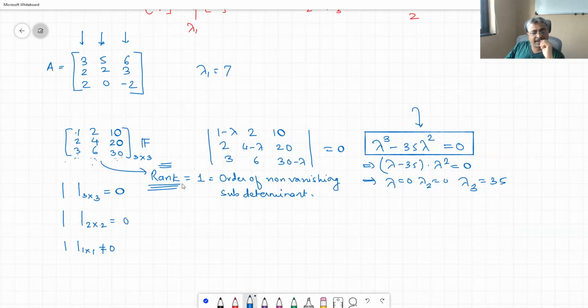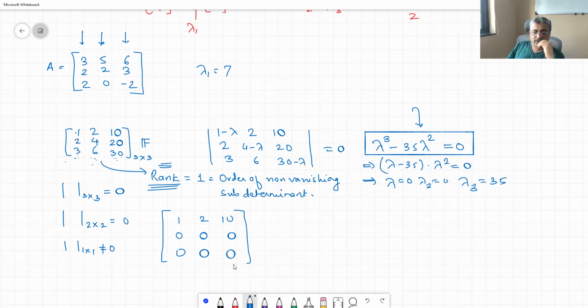Right now, because the rank of the matrix is 1, the given matrix is 3 by 3, and therefore if you really try to row reduce it by the row reduced echelon method that we did, after reduction you will get this.